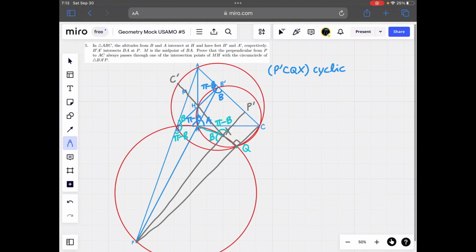So that quadrilateral is cyclic, because opposing angles add up to pi.